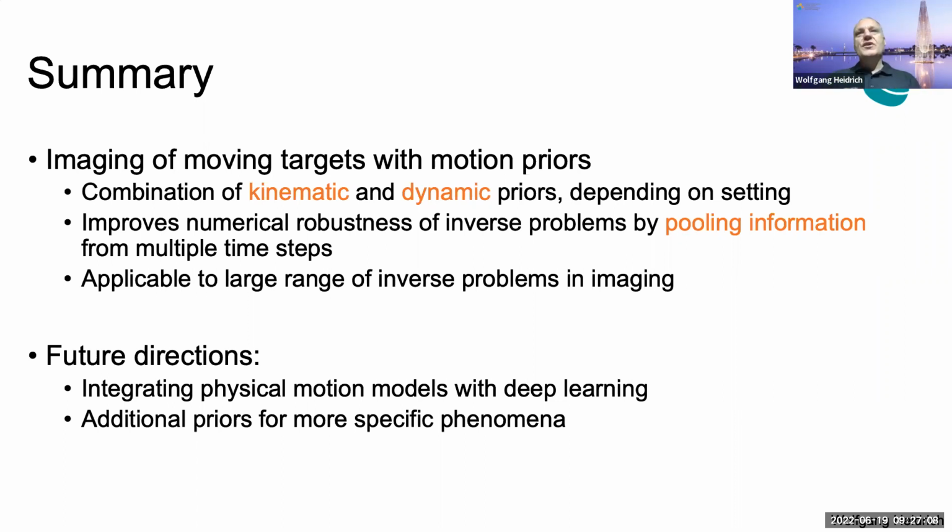Now, one thing, of course, that you've seen in this talk is that there was a notable lack of deep learning in this talk. And in fact, we are working on deep learning, but the question is, how do you take these kind of physical priors and actually combine them with deep learning approaches?